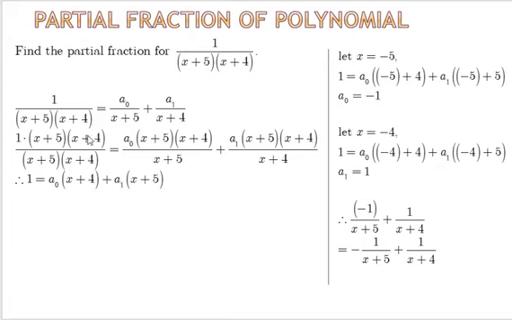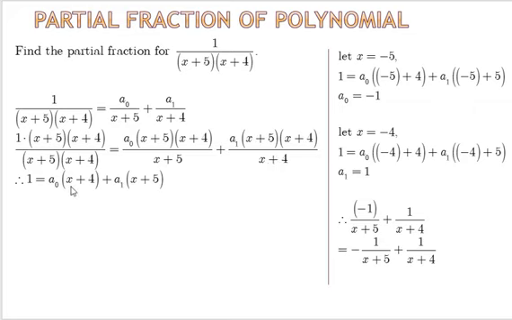Now if you look carefully, this one can cancel off, this one cancels off, so the final result on the left is equal to 1. And the same here, x plus 5 and x plus 5 cancel off. We only have a0 multiplied with x plus 4, and over here x plus 4 cancels off, so we have a1 with x plus 5.